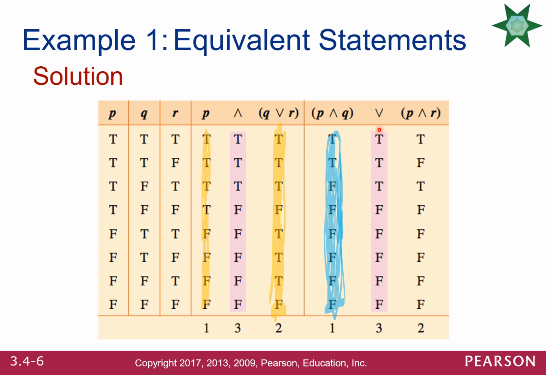Correct? So now we compare these two. We compare the AND results with the OR results, and we see that they are identical. You see over here, all the truth values are identical. So that means the statements are equivalent.